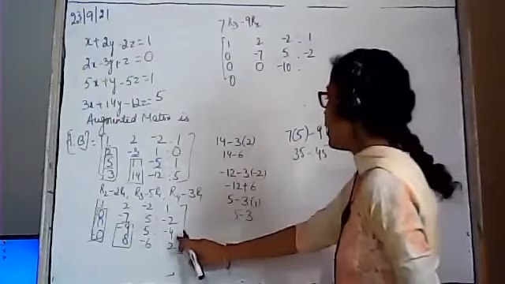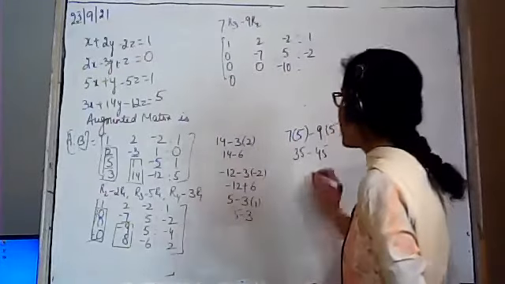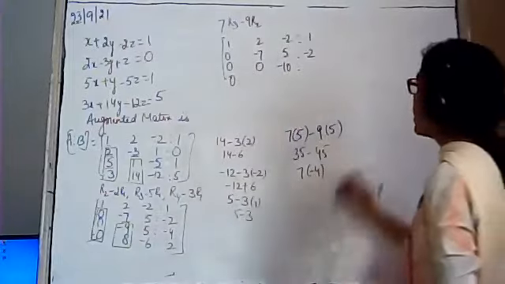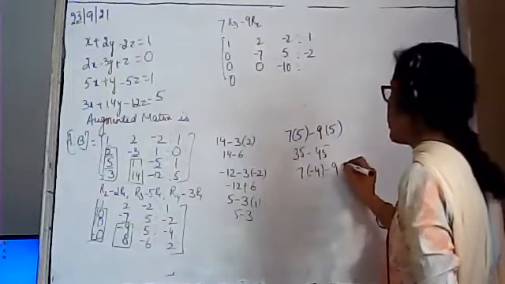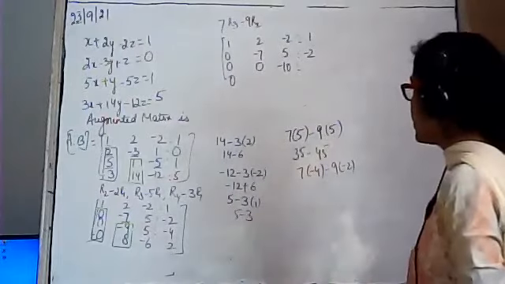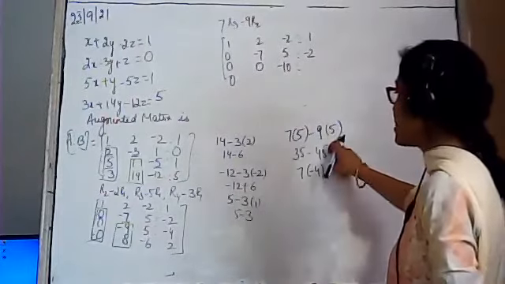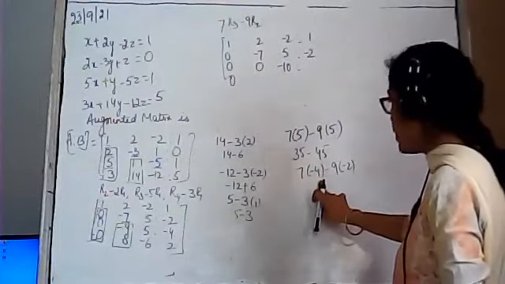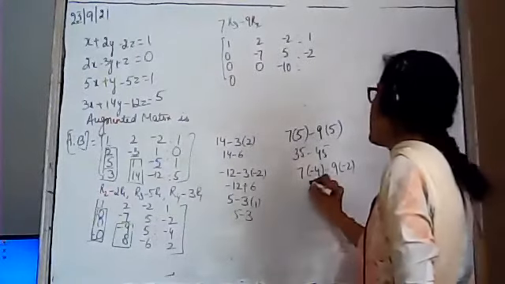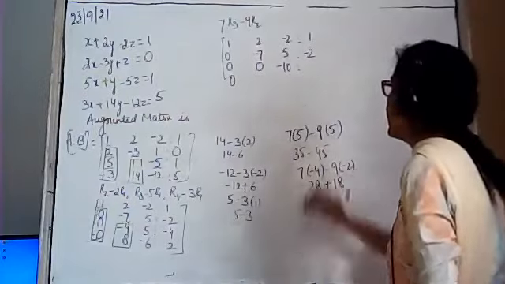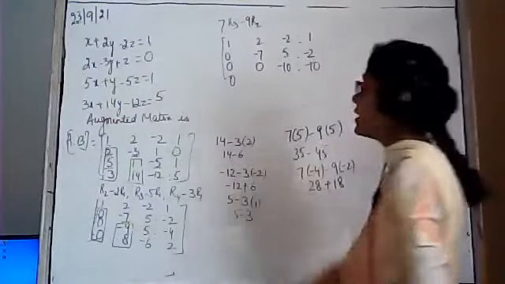After that, again, 7 times R3, 7 times minus 4, minus 9 times R2, and R2 is minus 2. Beta, please check the calculations. 7 4s are 28 plus 9 2s are 18. It will be again equal to minus 10.